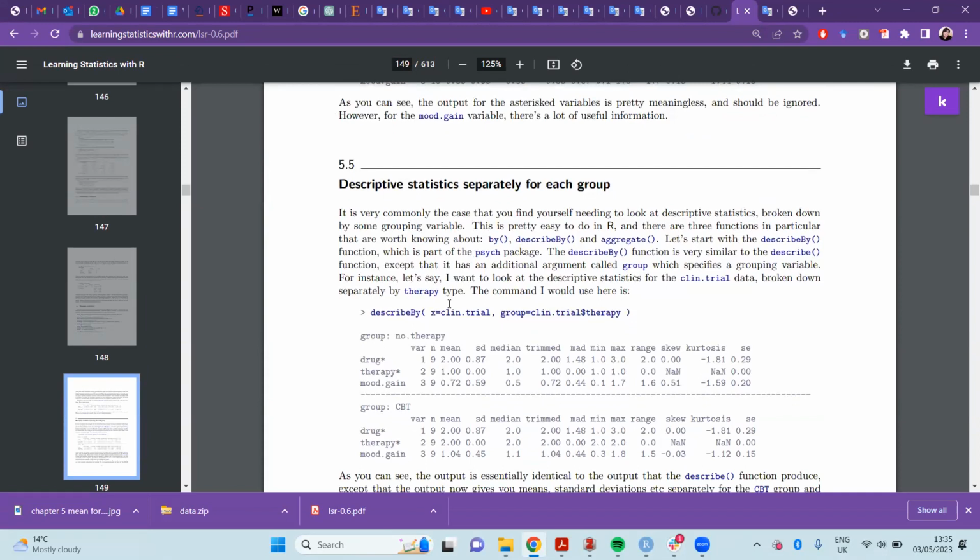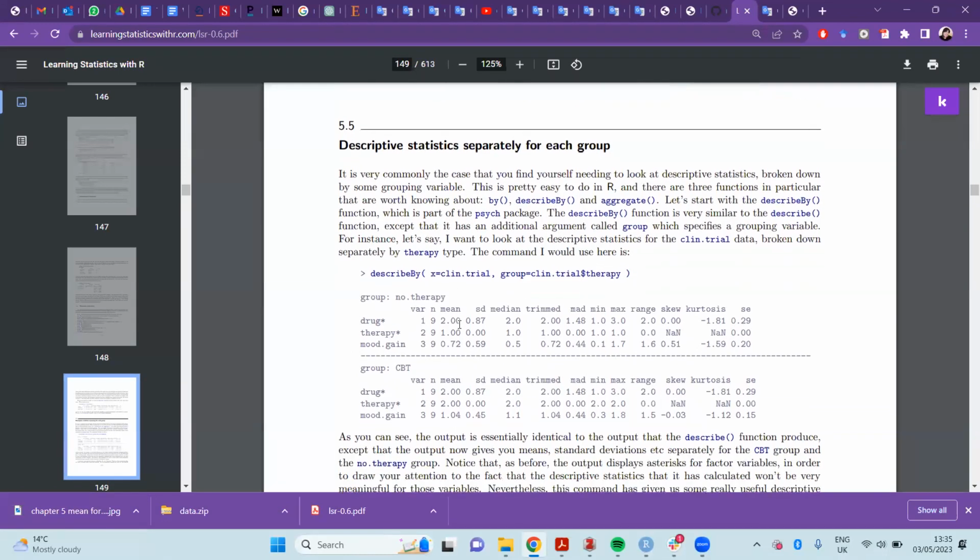I haven't seen this function before, possibly it is from this package, but it describes statistics for each one of the groups.